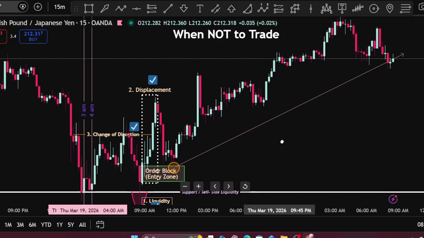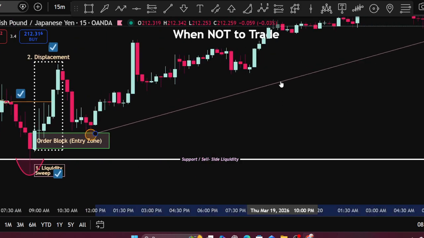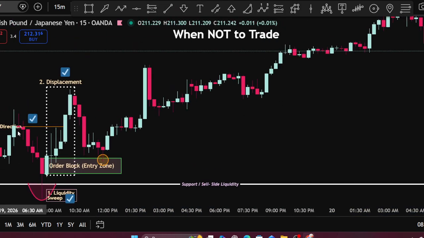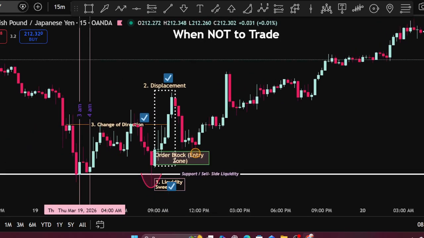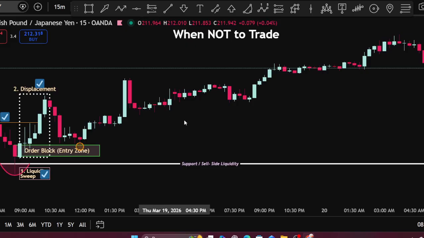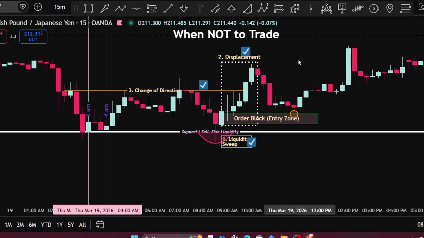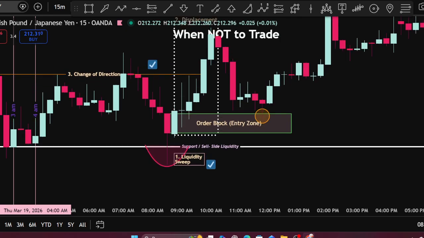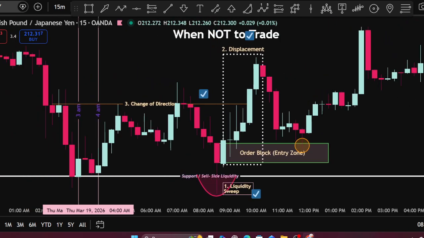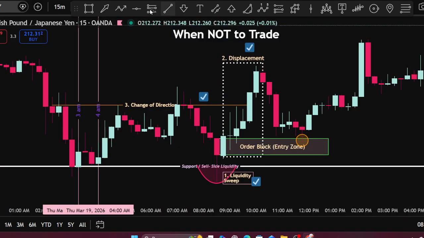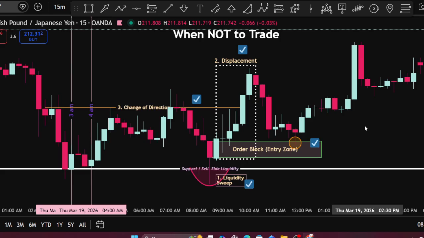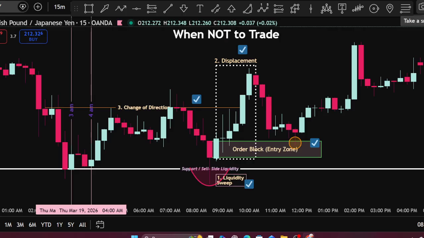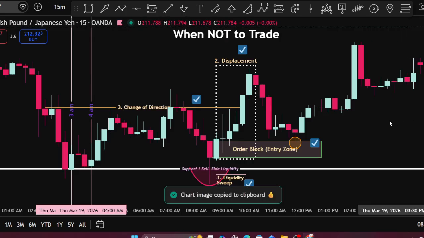Beautiful. And another example, do you see why I gave you the real example? Because, please screenshot this. This is the real example of when not to trade. I mean, my strategy, and it got in. Heck, I'm going to copy it.